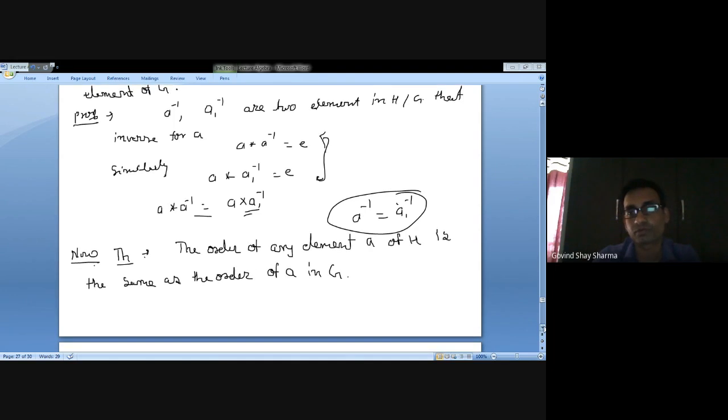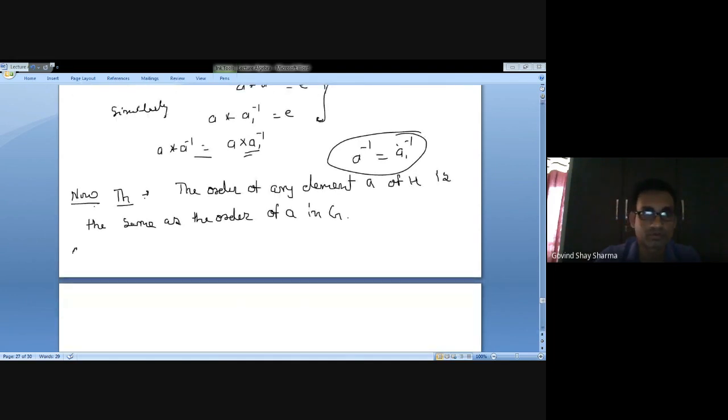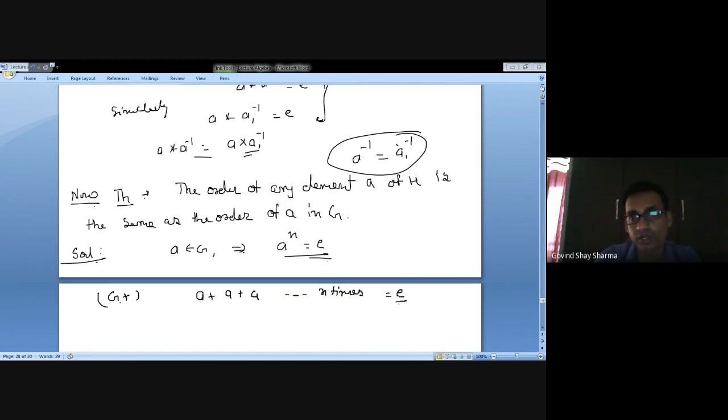So first we come to the order. What is the definition of order? Order means that A belongs to H. Then the order of A is called n if, for the plus operation, A added n times gives the identity.